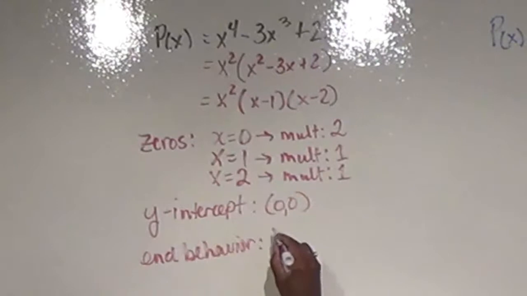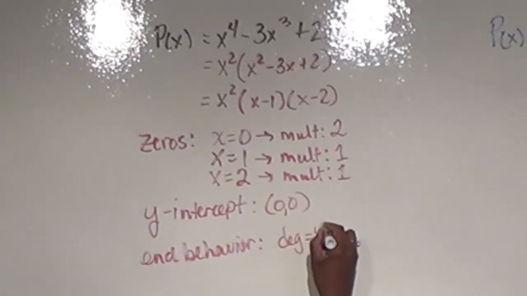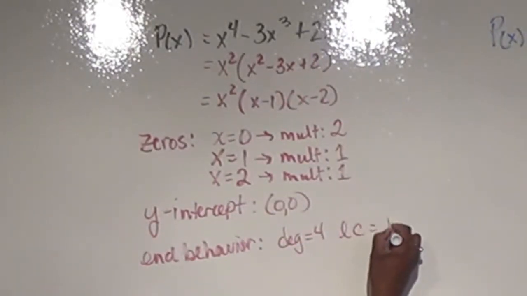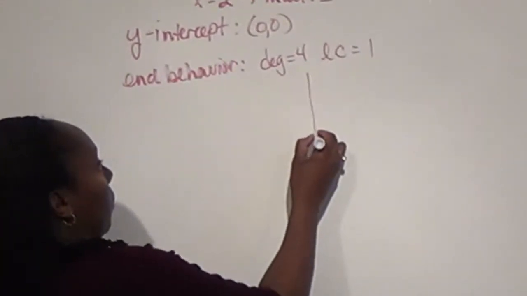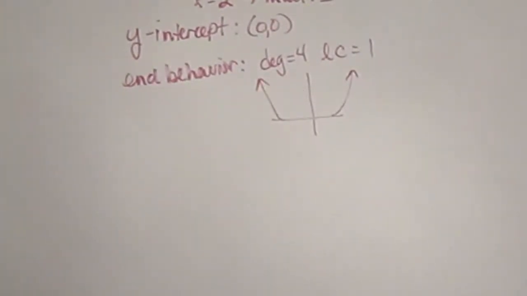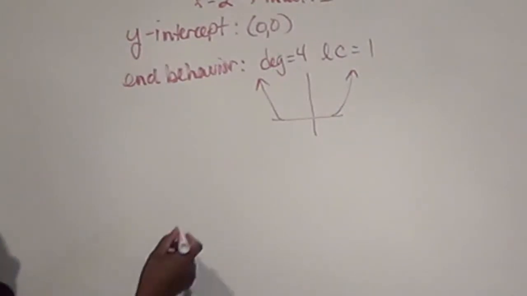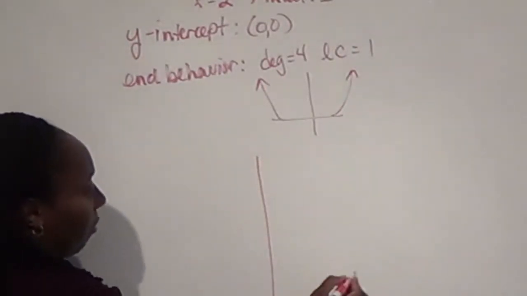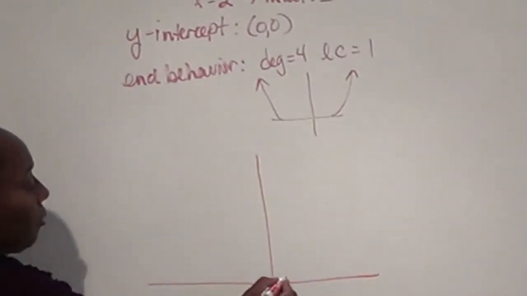So our degree is 4, and our leading coefficient is 1. So again, I'm looking at positive ends on my end behavior. Okay? So with that, I can then graph this. Same thing: when I go to graph, I'm going to start by labeling my picture.